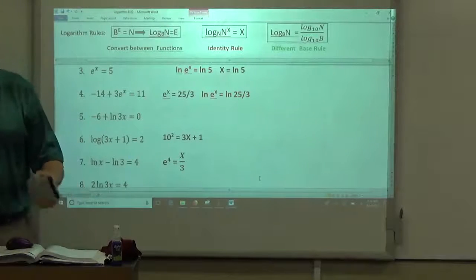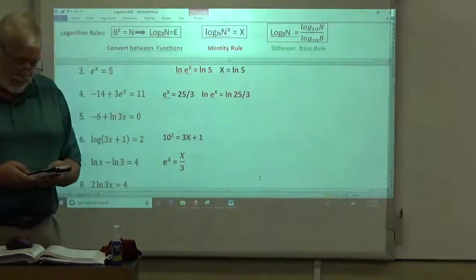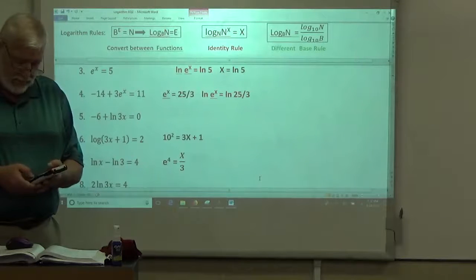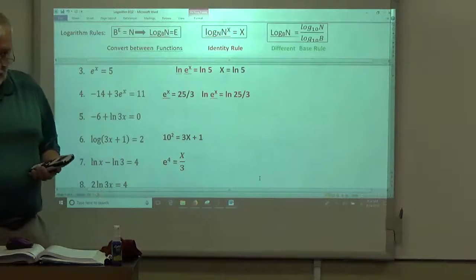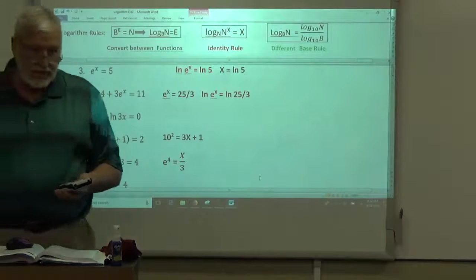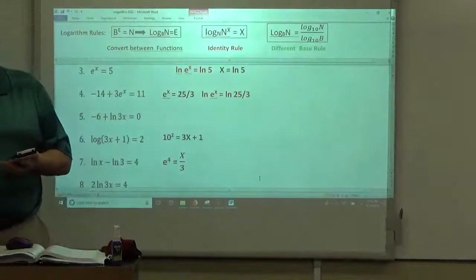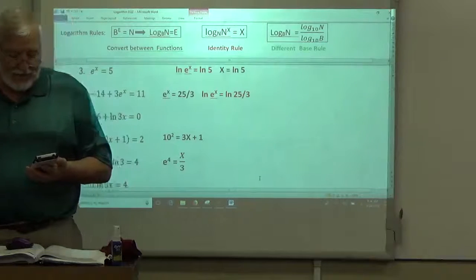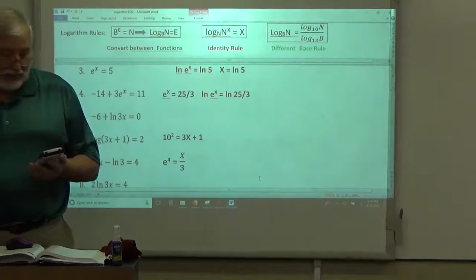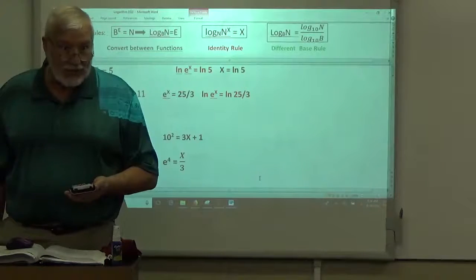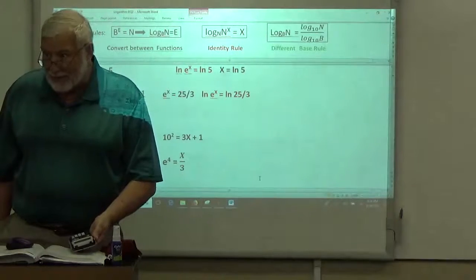Find it. Two point 12. Yeah. All right, 2.12. All right, you could, 2.1202 would be good. Yeah. 2.120, but 2.12 will work, right? Yeah. Okay, everybody get that?